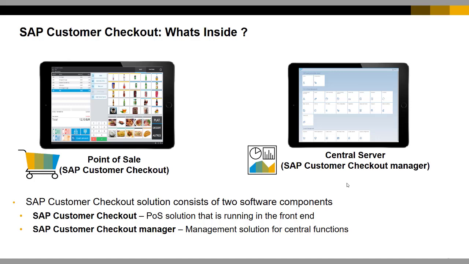Or if you want to create a gift voucher from one point of sale terminal and use the gift voucher as a payment means in a second point of sale terminal, then you need the SAP Customer Checkout Manager.